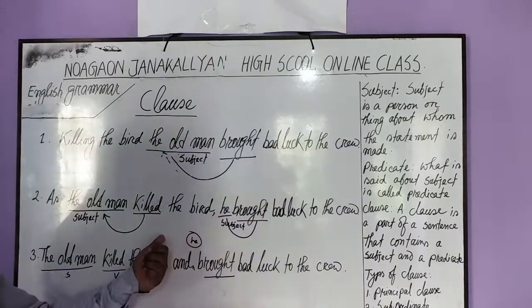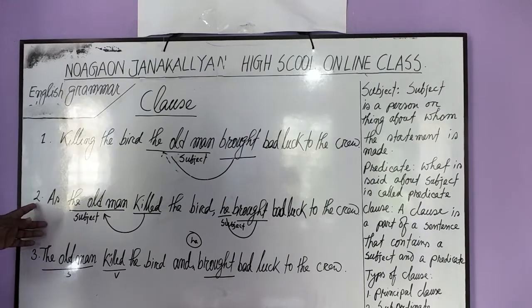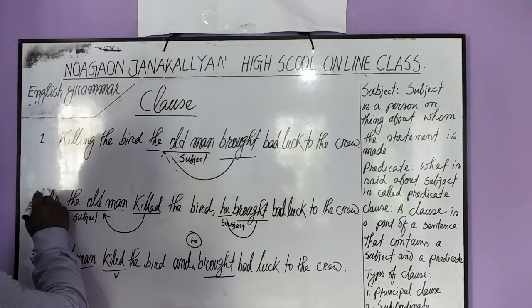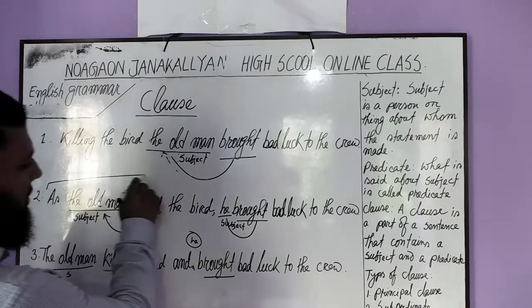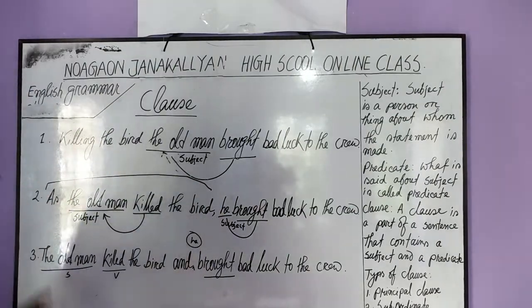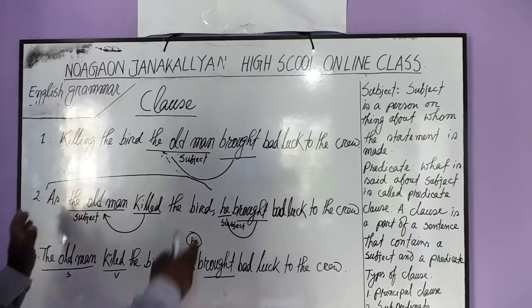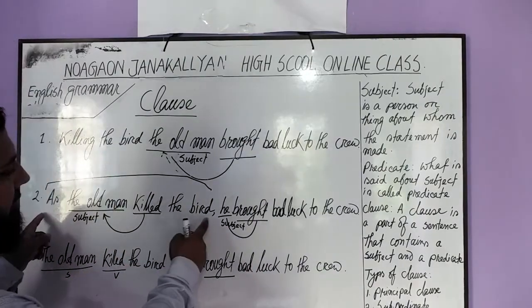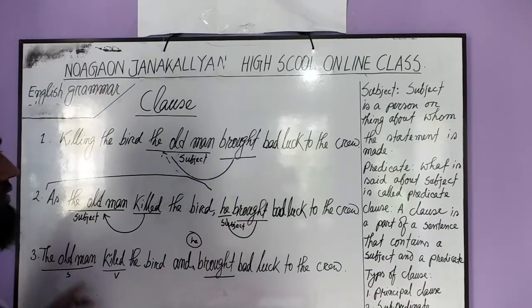In the second sentence, we see that this is a part of the sentence and it contains a subject and a predicate. So in the second sentence, this part is a clause.